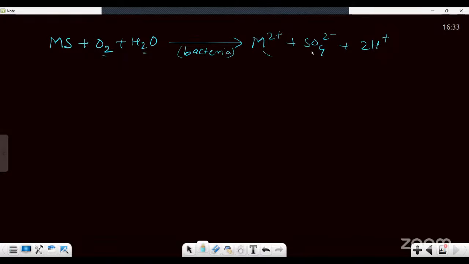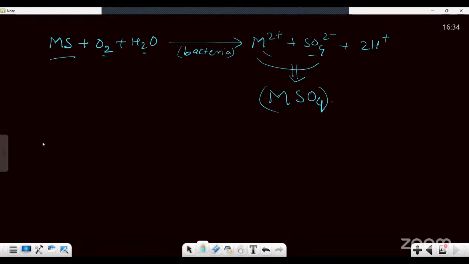So M2+ and SO4 2- will combine to form MSO4, right? So from the sulfide, you are getting sulfate.